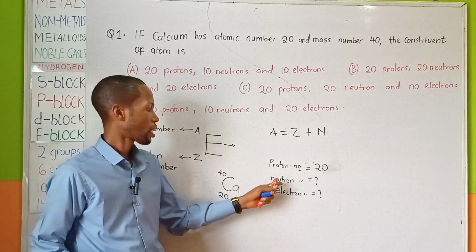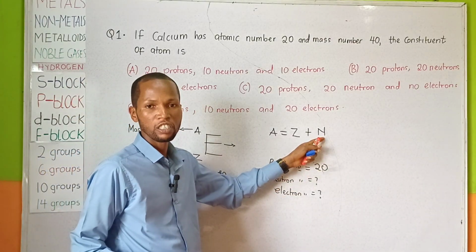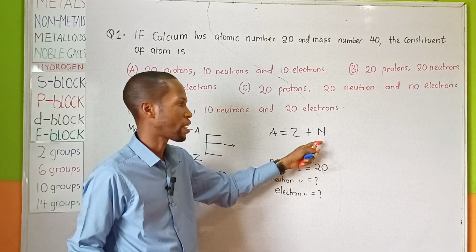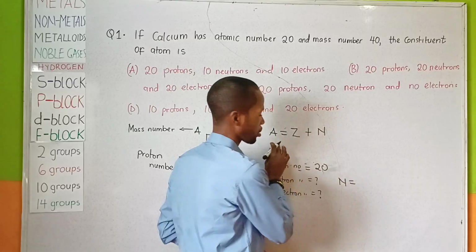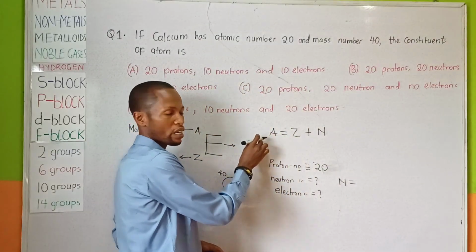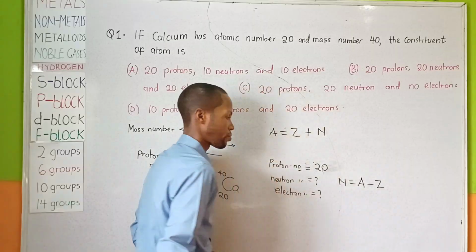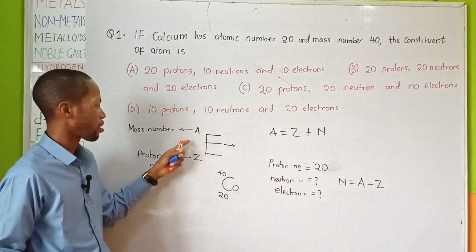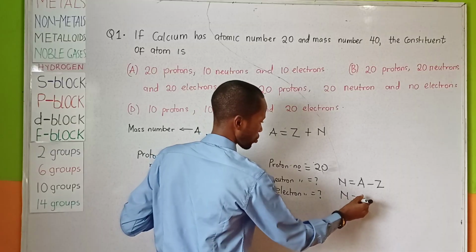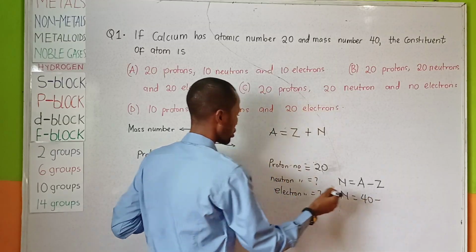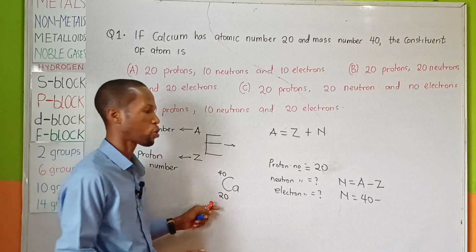Now we need to determine the neutron number. We make N, which is the neutron, the subject of the formula right here. Therefore, we have N equals, we take Z to the other side by rearranging, A minus Z. The value of A from this isotope is 40 minus the value of Z, which is the atomic number, 20.